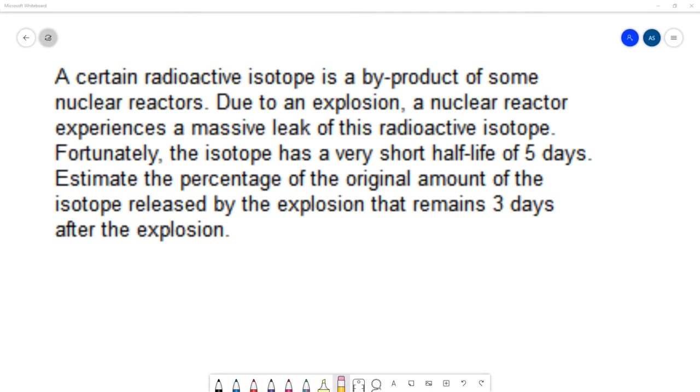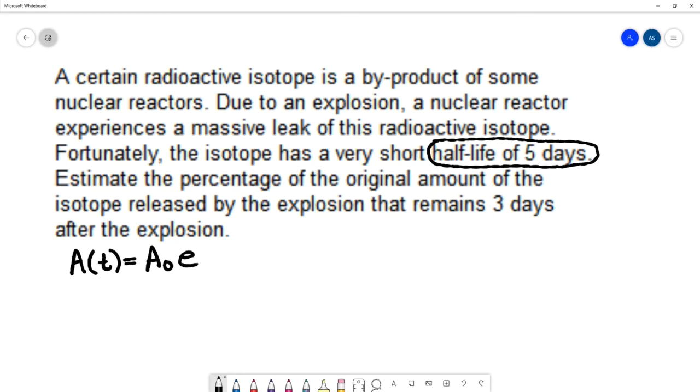All right, so on this one, we're going to start off using the information about the half-life to figure out the rate, the decay rate. So we're going to use our exponential growth and decay model, A of t equals A naught e to the kt.